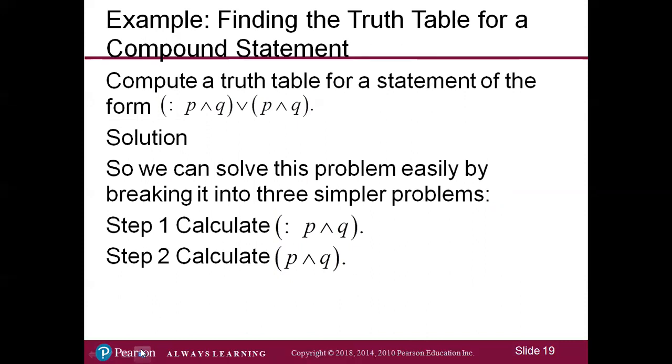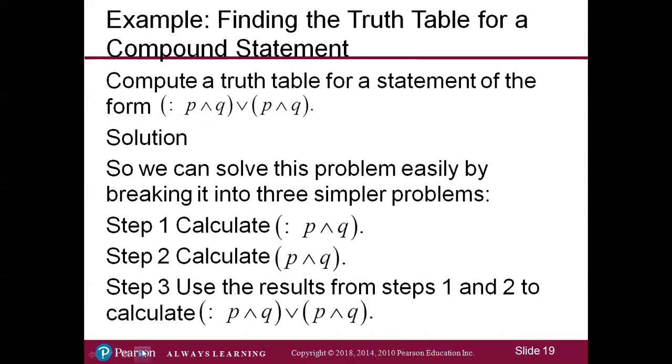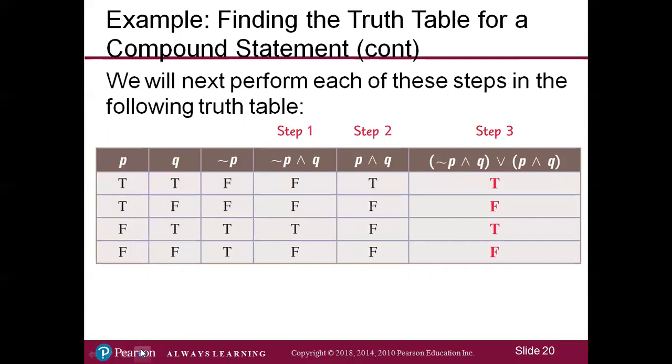Step 2, calculate the right-hand side. Step 3, use the results from step 1 and step 2 to calculate the actual result of the truth table for the full statement. We will next perform each of these steps in the following table.